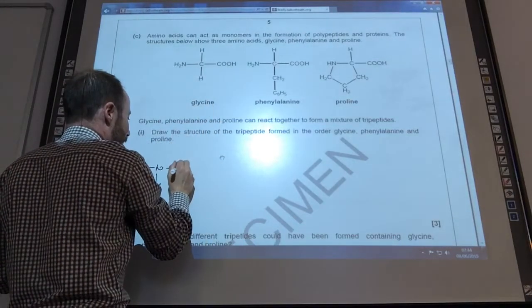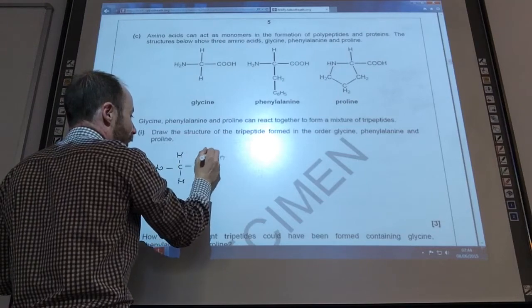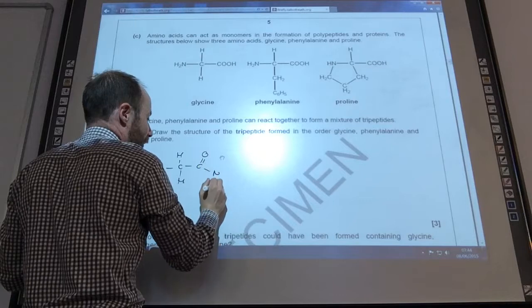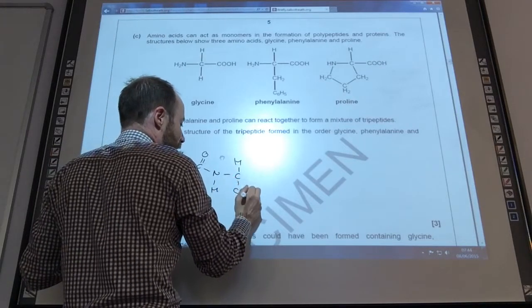So glycine, like so, and then I do C double bond O. That O there becomes that N there, and then just carry on.